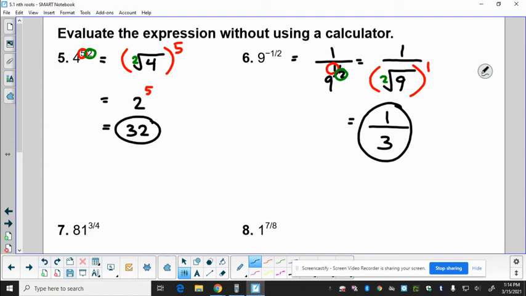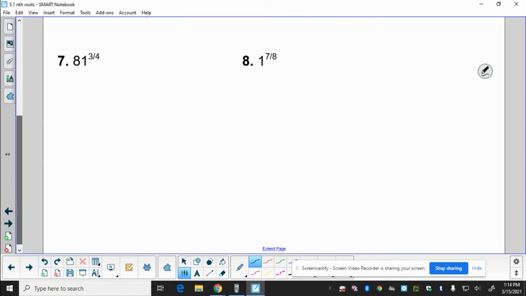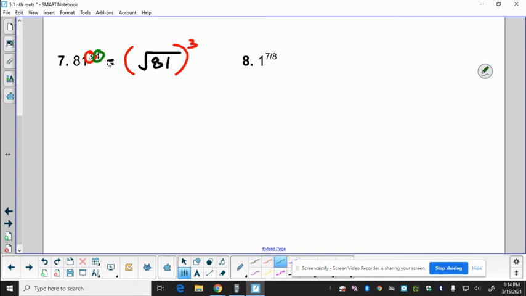All right, let's head down here to number 7. Let's put this into radical form. The numerator is the exponent. The denominator is the root. Okay, we got to think, what's the 4th root of 81?